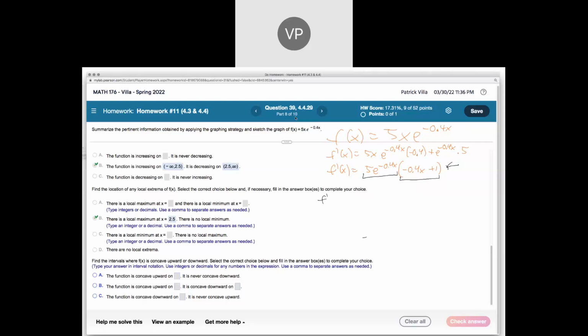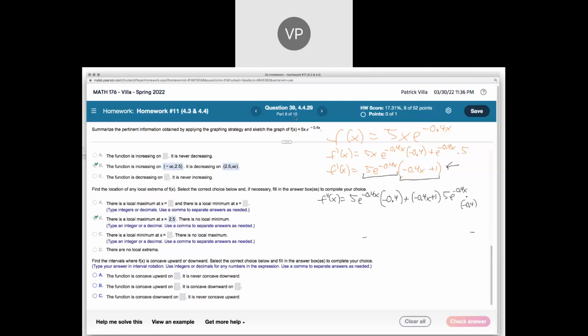So the second derivative will be the first as it is times the derivative of the second, well, that's just 0.4, plus the derivative of the second as it was times the derivative of the first, so that's going to be a 5e to the negative 0.4x times the negative 0.4.